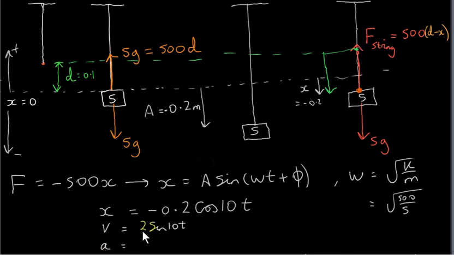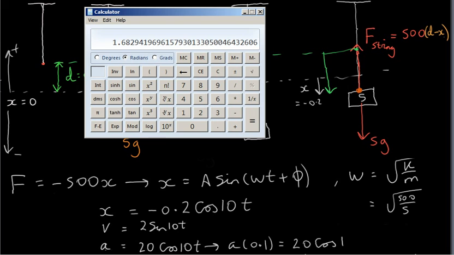To get the acceleration, we differentiate the velocity with respect to time. The derivative of the sine function is cos, and we multiply by 10. So 10 times 2 is 20. That means that the acceleration at 0.1 seconds is 20 times the cos of 10 times 0.1, which is 1. So it's 20 cos 1.